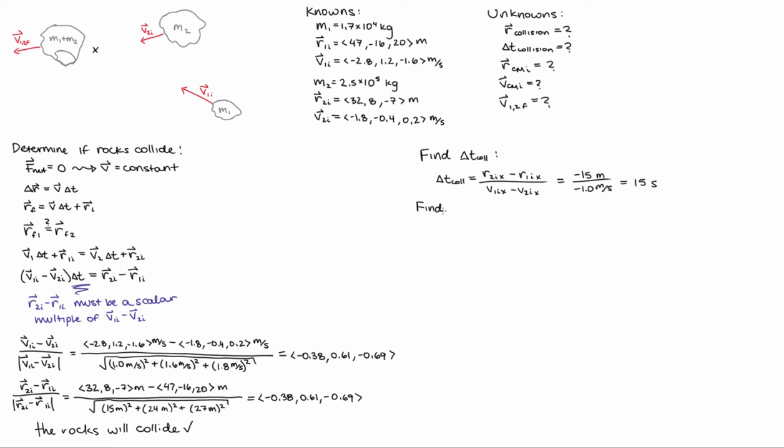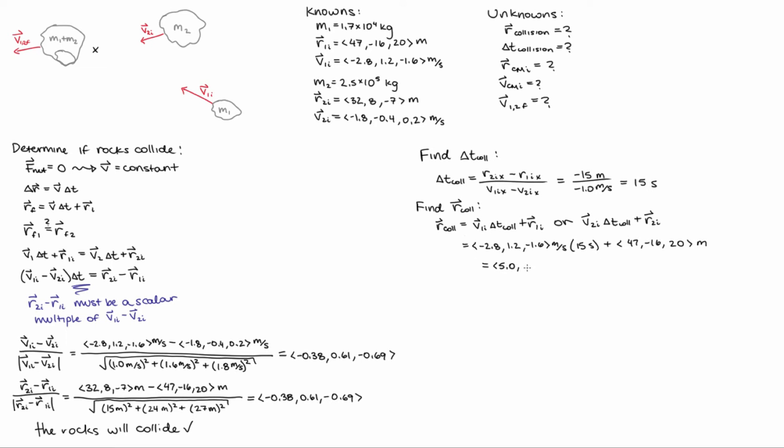We can then find the position of the collision by plugging this delta t into either v1 initial delta t plus r1 initial or v2 initial delta t plus r2 initial. Using the first option, we have negative 2.8, 1.2, negative 1.6 meters per second times 15 seconds plus 47, negative 16, 20 meters.